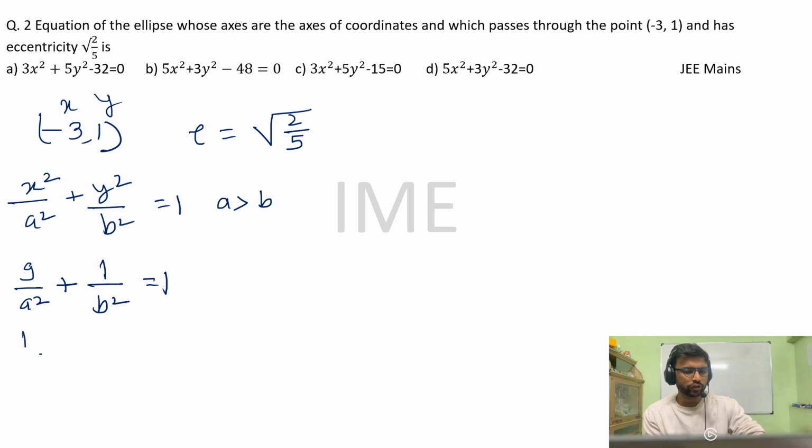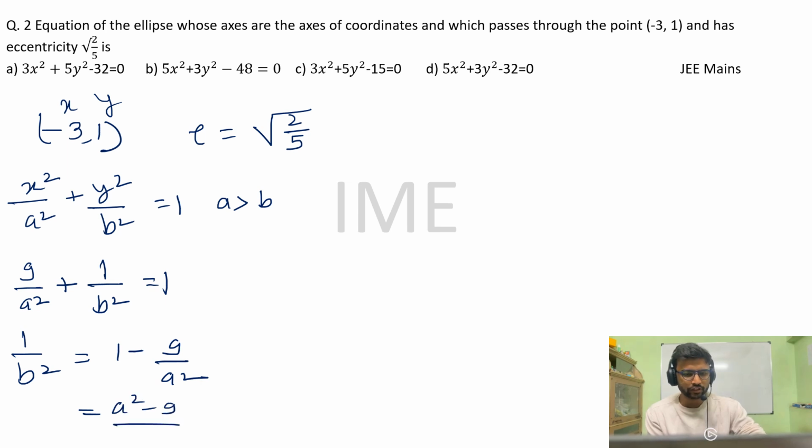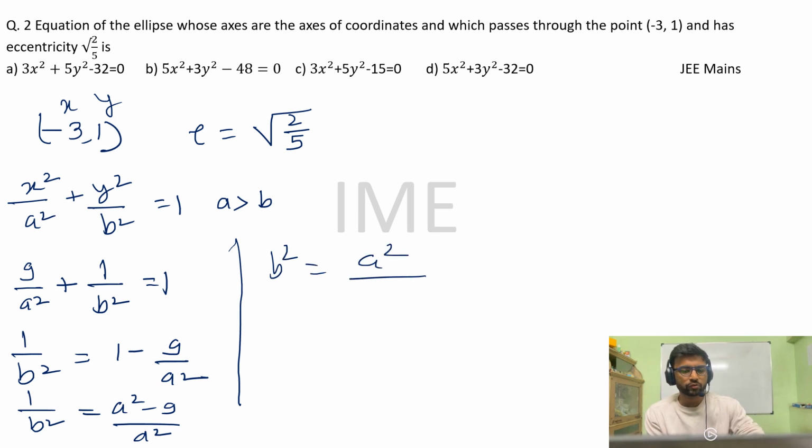Okay. So 1 upon b square is equal to 1 minus 9 upon a square. So a square minus 9 upon a square is equal to 1 upon b square. Again, if we take the reciprocal, then this equation will become b square is equal to a square upon a square minus 9. So this is the relation between a and b.